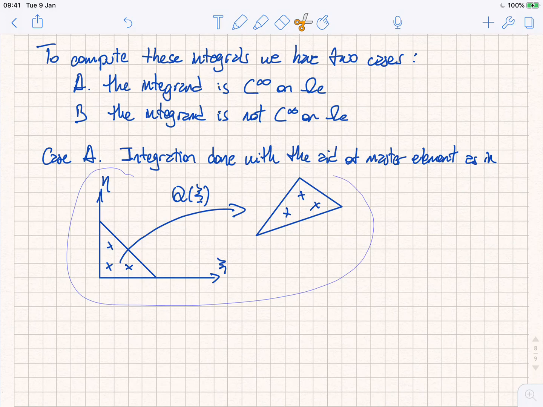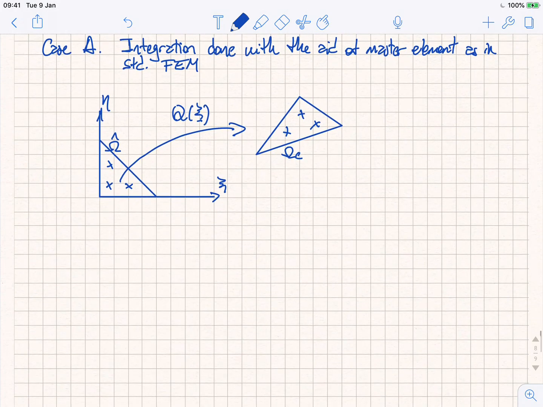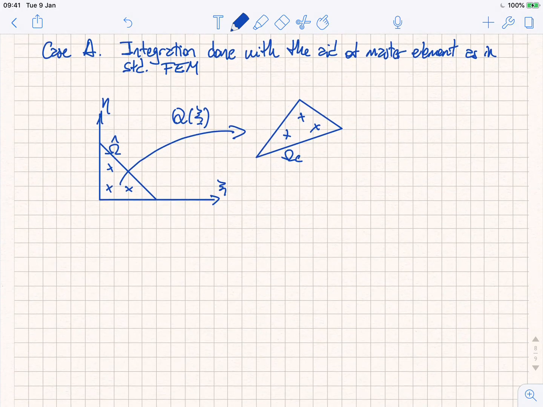Let me just move this. Yeah. And that master element, if you remember from the advanced finite element course, we call it omega hat, and this is my omega e. Okay. Now, the same things that we learned in our advanced finite element class apply here.